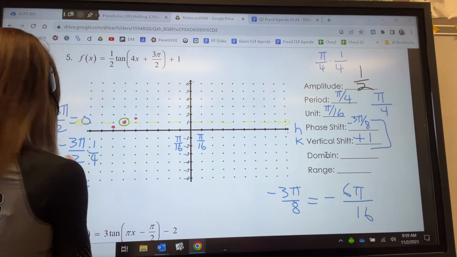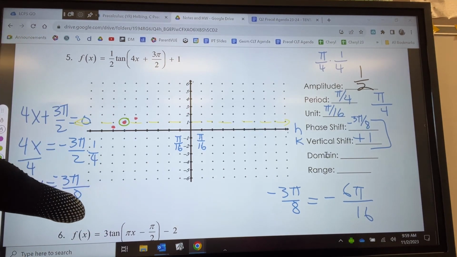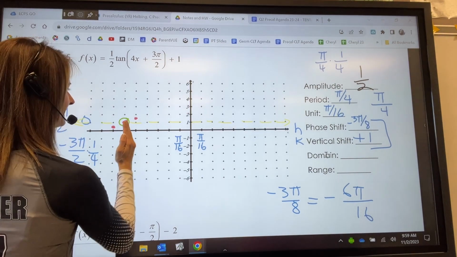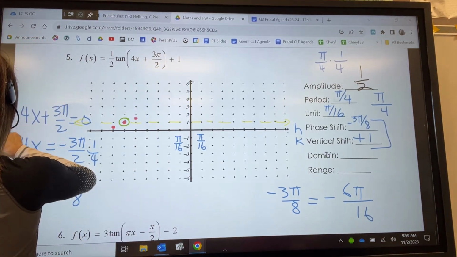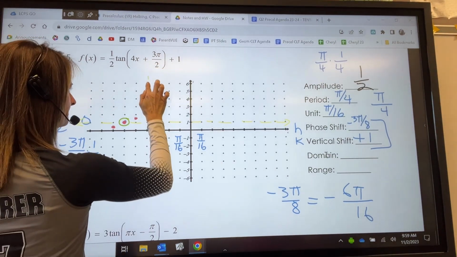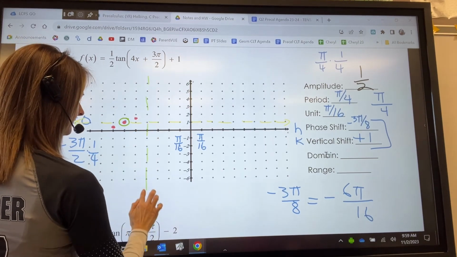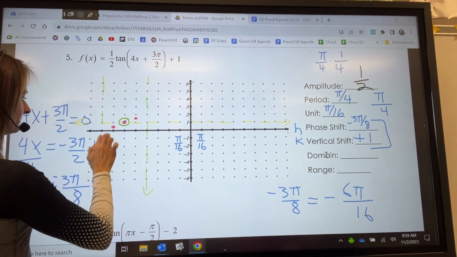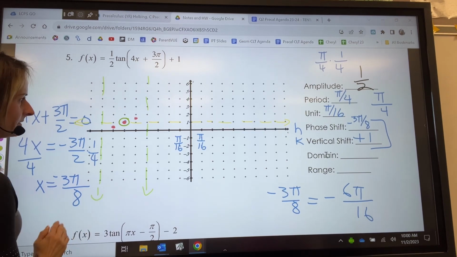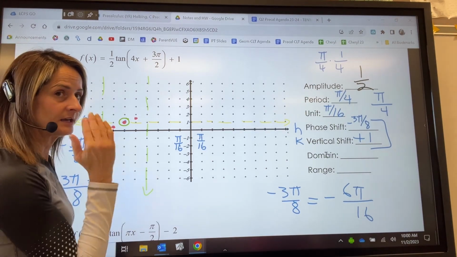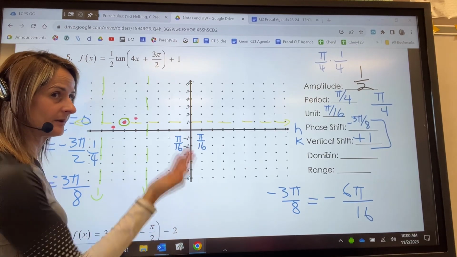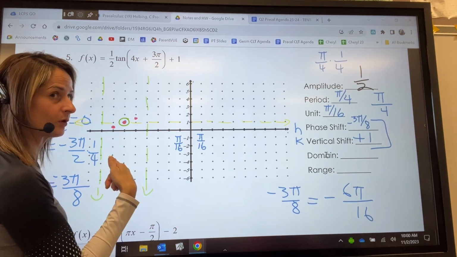From there, I want to draw my other asymptotes because I know the next unit over is an asymptote, and I'll do that in green. And while I'm at it, I'm just going to draw all my asymptotes because I know after every period, and we've cut that period into 4 sections because we're counting by the unit is 1/4 of the period.